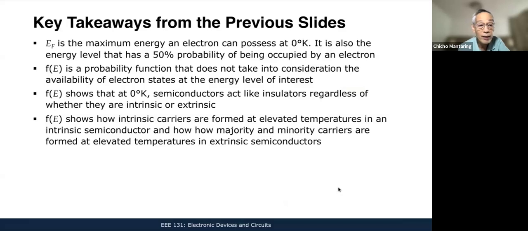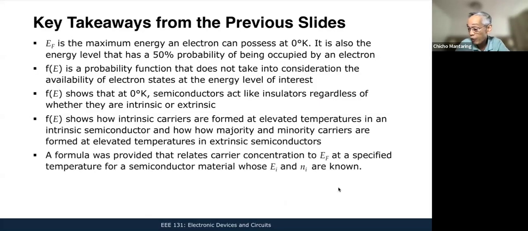And then we showed that for intrinsic carriers, when you raise the temperature, intrinsic carriers form in the conduction band and the valence band. And for extrinsic carriers, we showed how majority and minority carriers are formed.